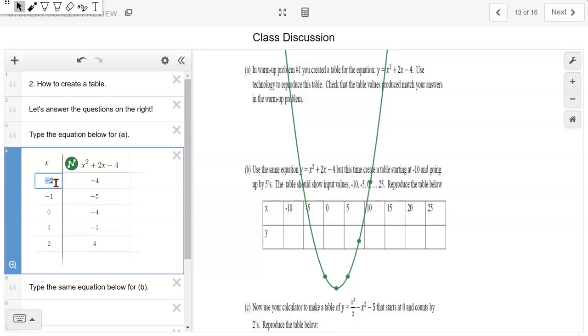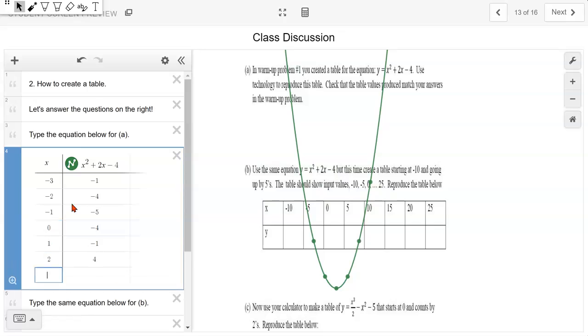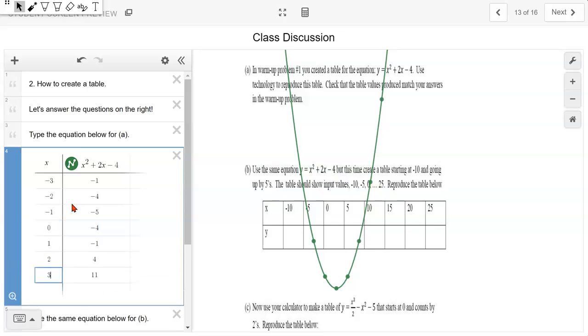All you have to do is change the x values and you will get the y values automatically. So -2, -1, 0, 1, 2, and 3. To go down, just press arrow down. And we got exactly the same numbers, meaning we got the correct answers. Okay?